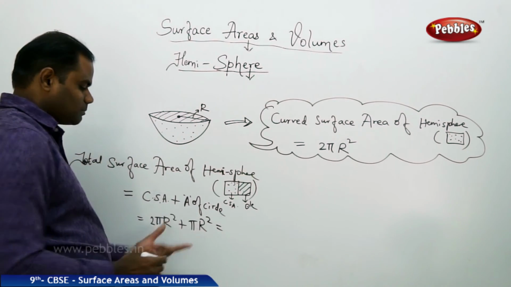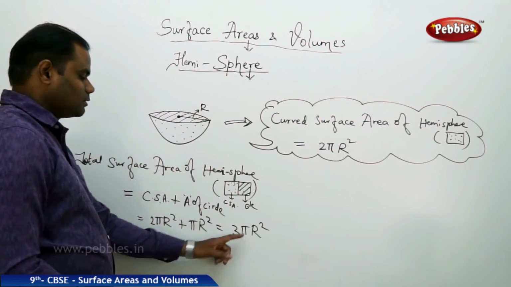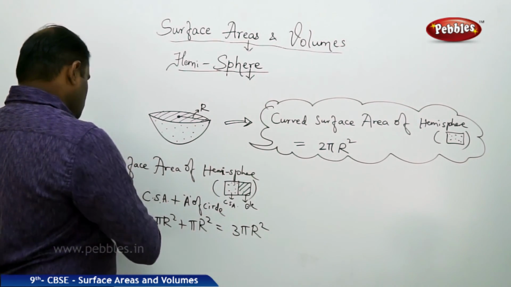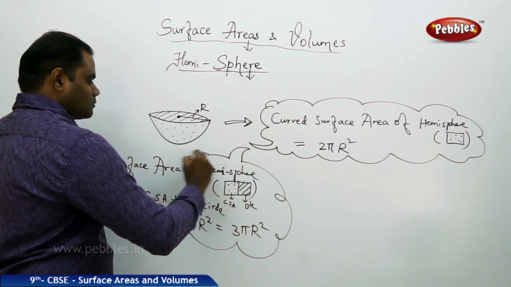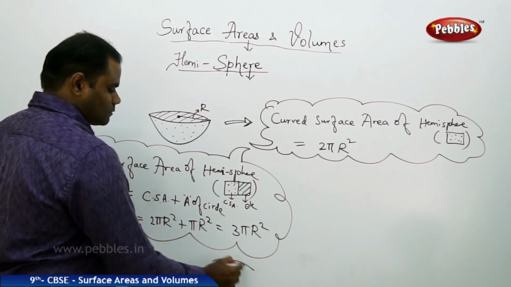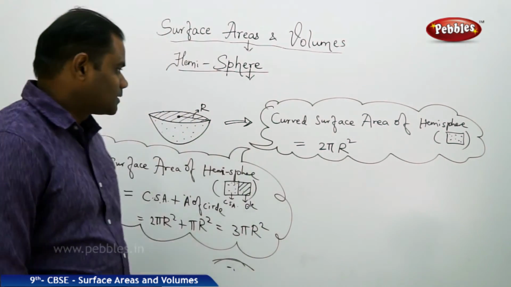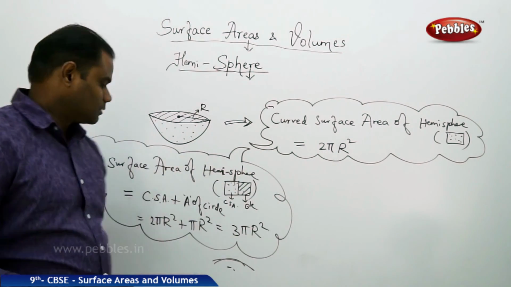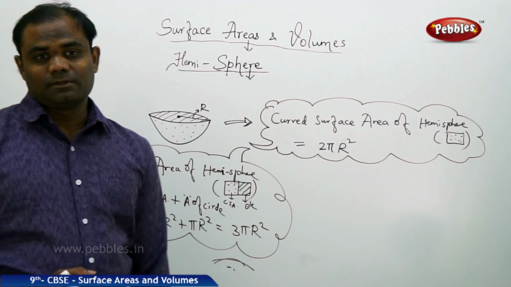Therefore 2 pi r squared plus pi r squared is 3 pi r squared. This is the total surface area of the hemisphere. So the CSA is 2 pi r squared and the TSA is 3 pi r squared for a hemisphere.